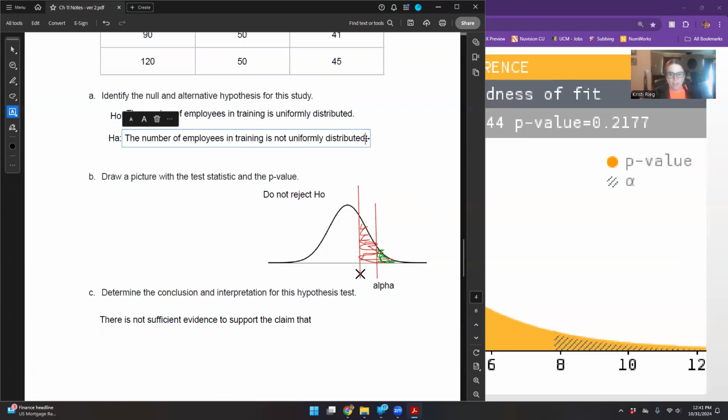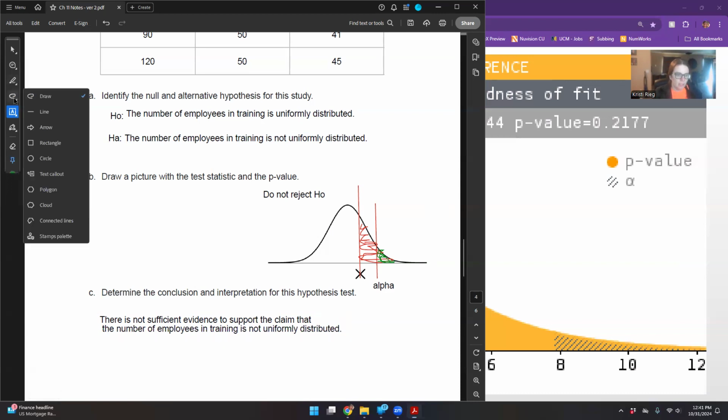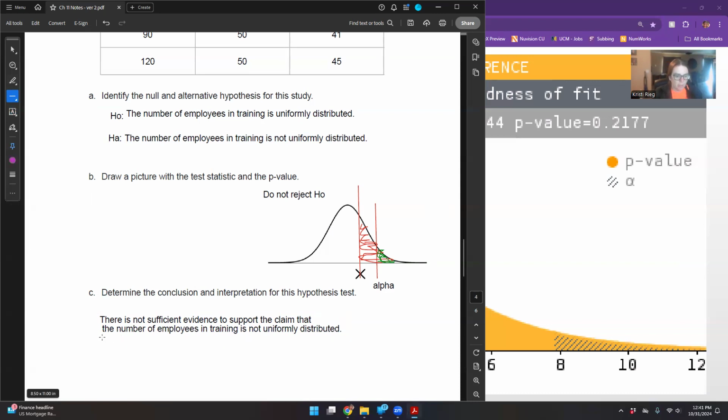Isn't it so nice that I can cheat by copying and pasting? There we go. It should be lowercase t, but other than that, I like it. There is not sufficient evidence to support the claim that the alternative, which is the number of employees in training, is not uniformly distributed. I can't say that it's not uniformly distributed. I don't have enough evidence to show that.